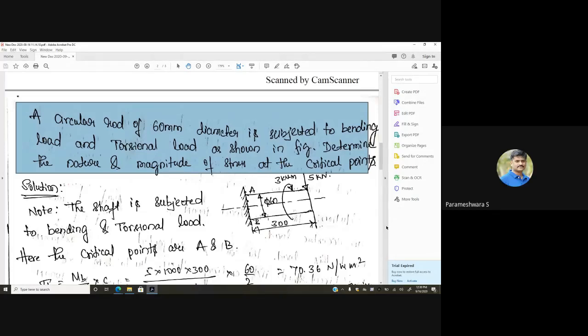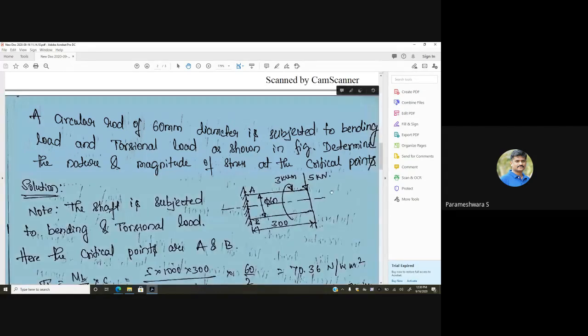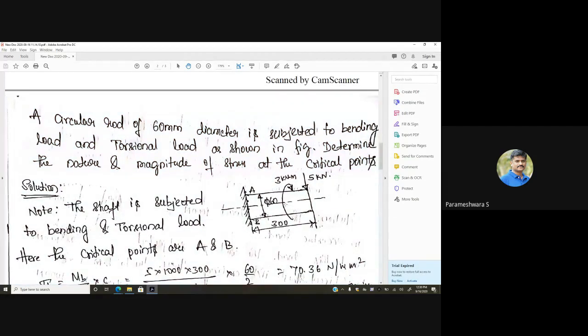Okay, good. So just analyze this problem. How can you relate this problem to the previous problems? The only thing is we have solved a problem where this bar is subjected to a torque of 3 kilonewton meter, where in the earlier problem the force was along the axis.